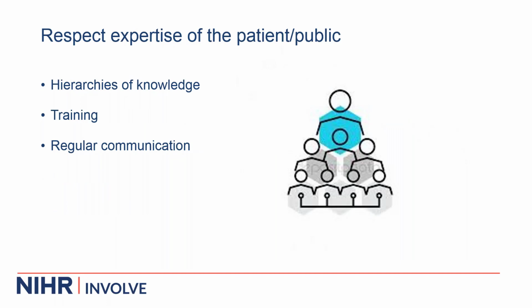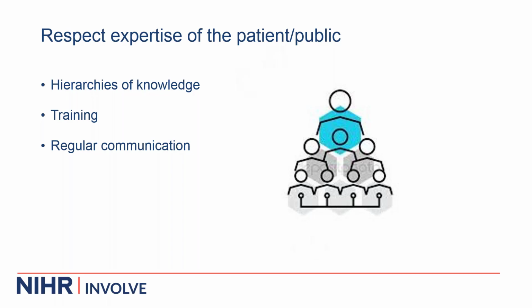Just a little bit about hierarchies of knowledge, actually, and I think there are a lot of divisions in this, and the fact that we respect sort of the hierarchy of knowledge in terms of the research institutions, and I think public and patient involvement is very good at challenging this and opening people's eyes to the fact that there's more than one kind of knowledge.